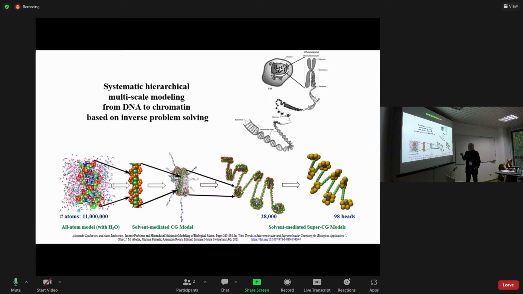And this is one piece of this chromatin, and it contains only 98 beads. And if you go back and describe this on the all-atom level, you would need 11 million atoms to describe exactly the same piece.